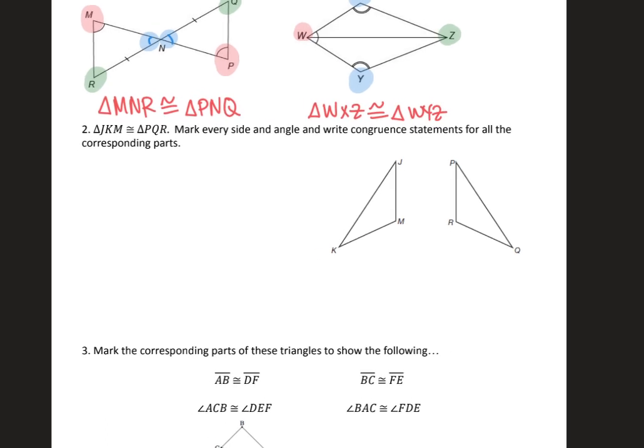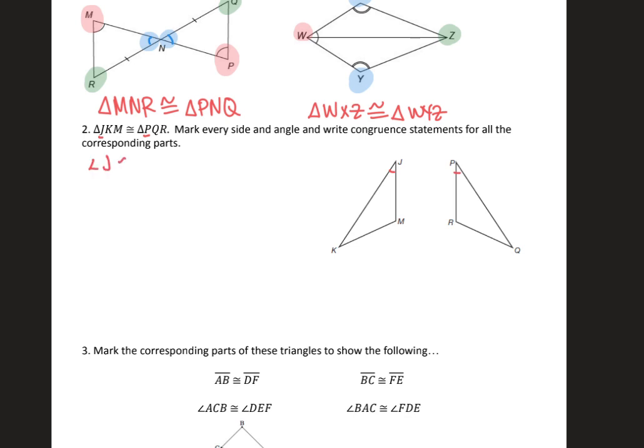All right, second part says triangle JKM is congruent to triangle PQR. Mark every side and angle and write congruent statements for all the corresponding parts. So we're going to use the order of the letters to match up our angles. So angle J is congruent to angle P. And I'm going to write my congruent statement.